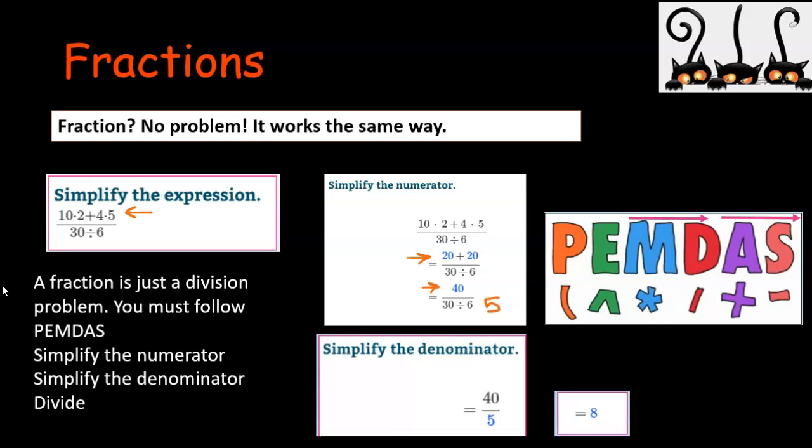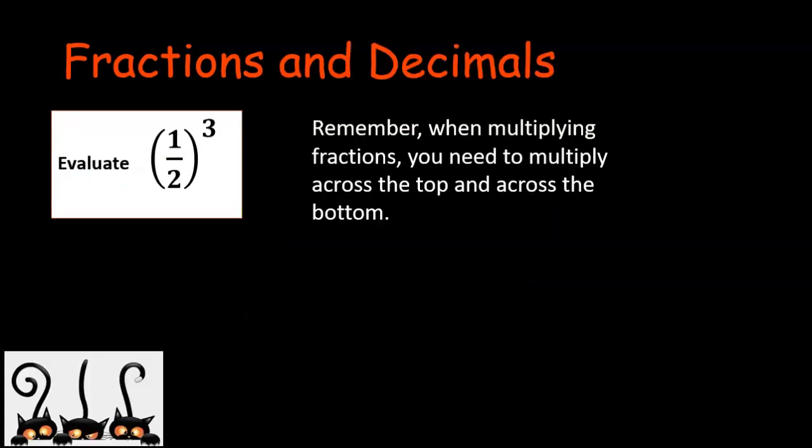Okay, so then our numerator and denominator are 40 divided by 5, and that's just a division problem, and we get 8. So even though this looked like a hot mess up here, if you break it down into pieces, it works out perfectly.